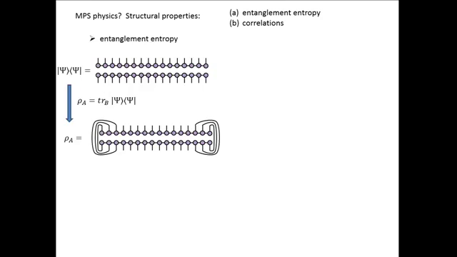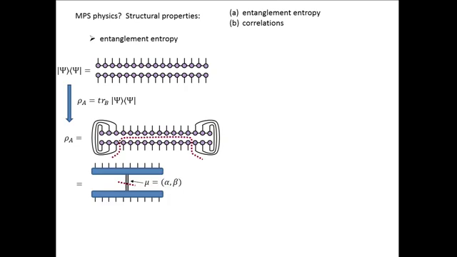And then we also saw that there is some type of physics attached to a matrix product state, and that was that the entanglement entropy is upper bounded by a constant. That was easy to see because the moment we write the density matrix on some region in terms of the matrix product state, we see that the upper part and lower part of the density matrix are connected just by 2 indices.